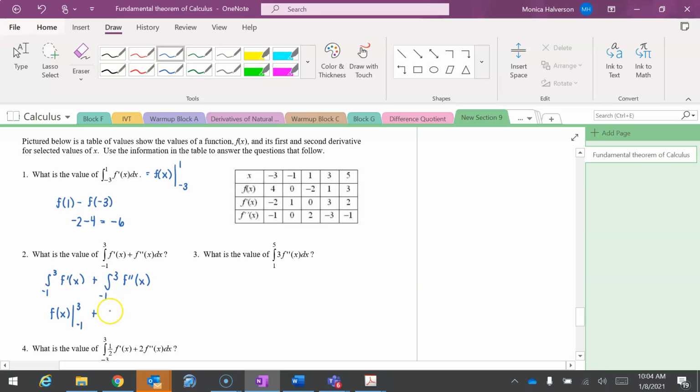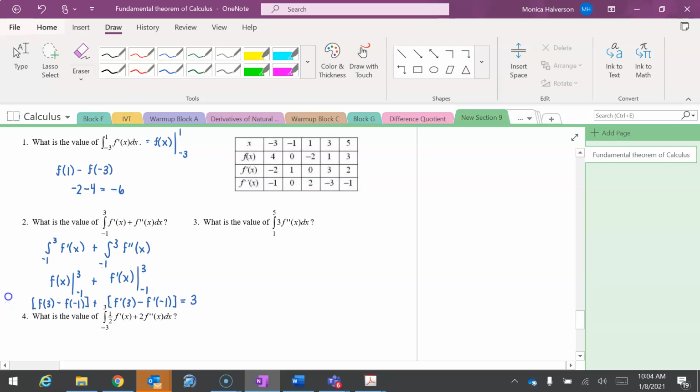The integral of the second derivative is the first derivative of that function. And you would find both of those values. So this would be f of 3 minus f of negative 1 plus f prime 3 minus f prime negative 1. And if you did that, you would get the answer of positive 3. I'd like you now to do problems 3 and 4 on your own.